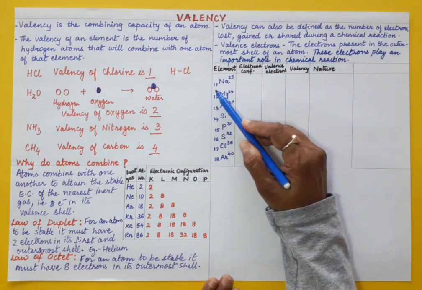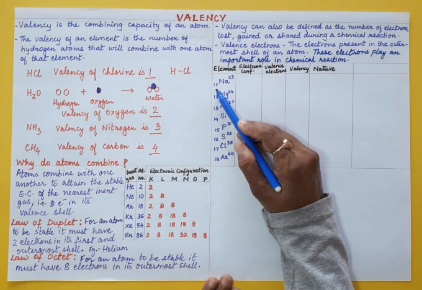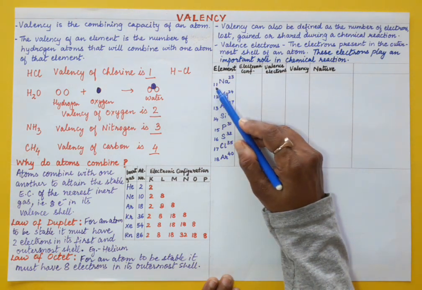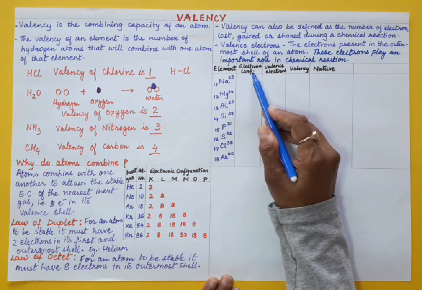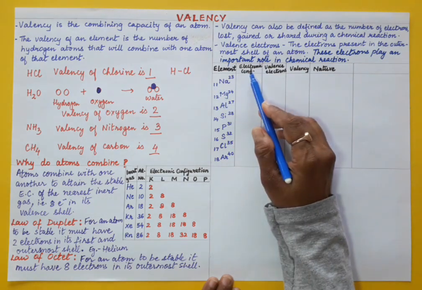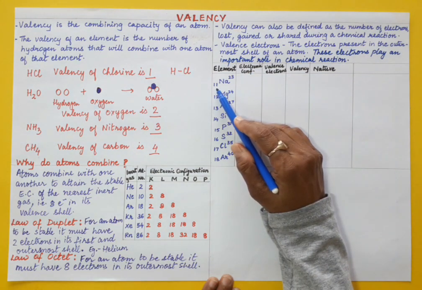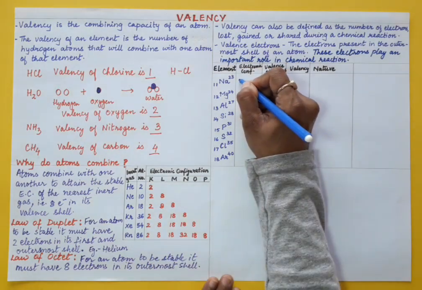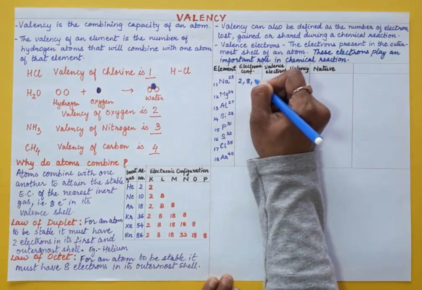stable. Now sodium's electronic configuration: we see here 11 is the atomic number and this is the mass number. So the protons are 11, so electrons are also 11, and the distribution of electrons is the electronic configuration. If you want to distribute 11 electrons in these different shells K, L, M, N, the distribution will be 2, 8, 1, right?